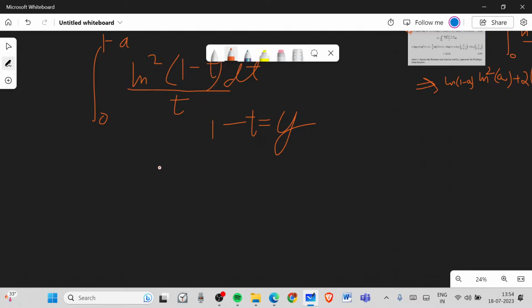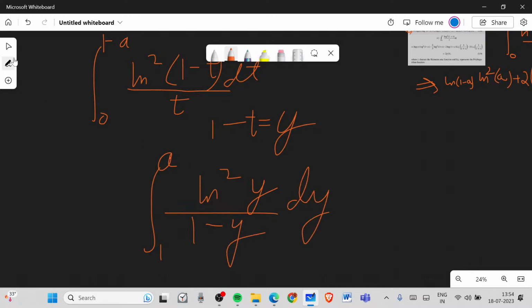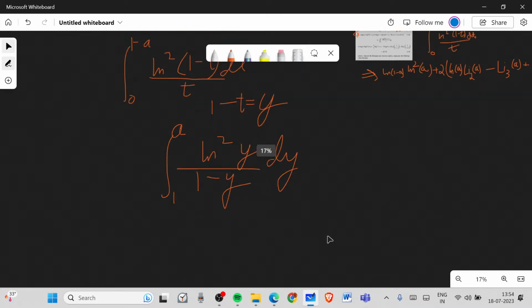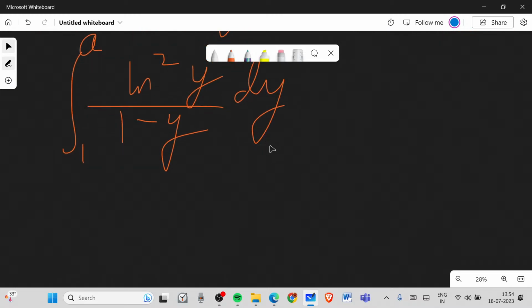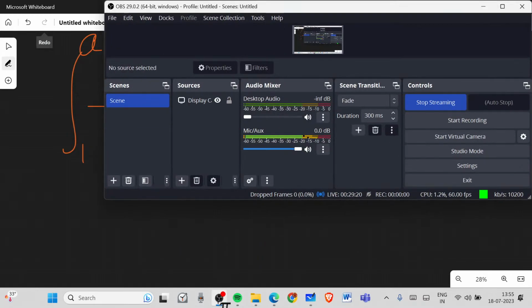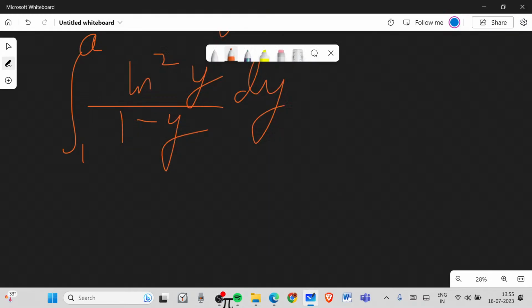So if t is 0, then y is 1, so it's the integral from 1 to a of ln square y by 1 minus y dy. Applying by parts, the same way we did in the first step.